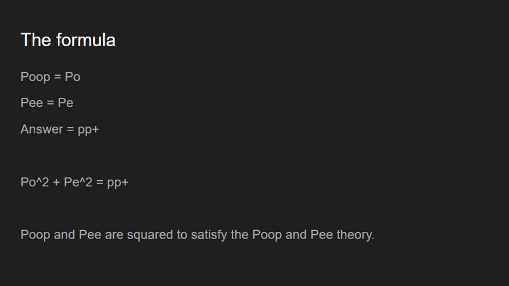Poop and P are squared to satisfy the poop and P theory, and when we talk about the poop and P theory, we have to satisfy it because there's going to be circles involved and a lot of radians. We've talked about radians in trigonometry class before, and, well, it's very similar, except it's just solving for poop and pee.